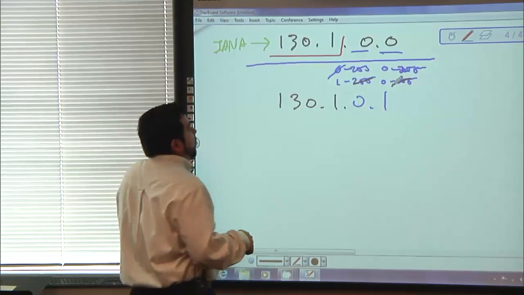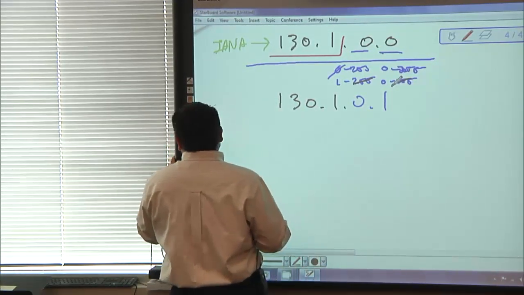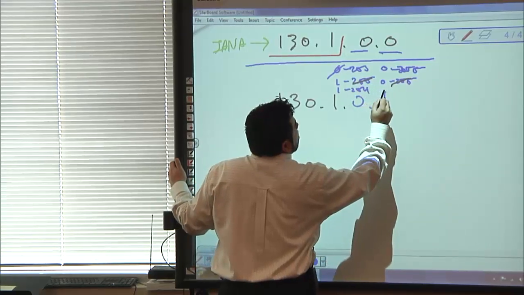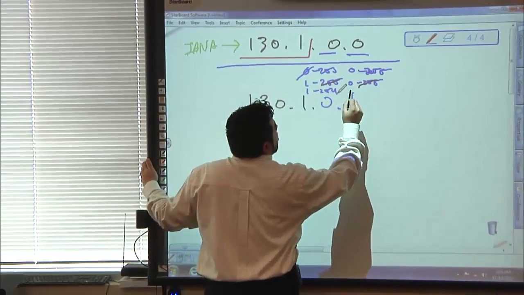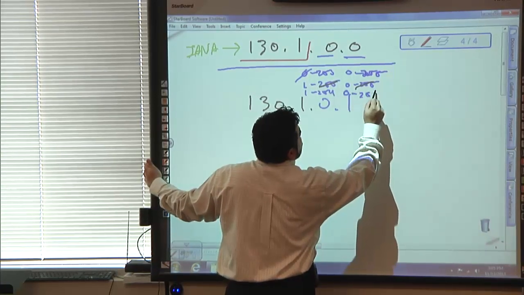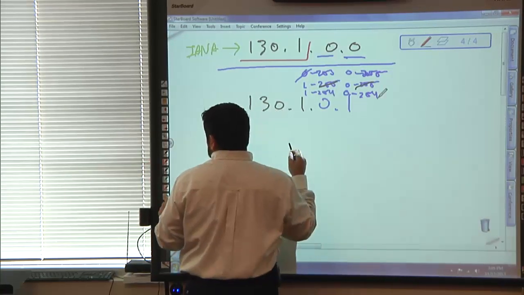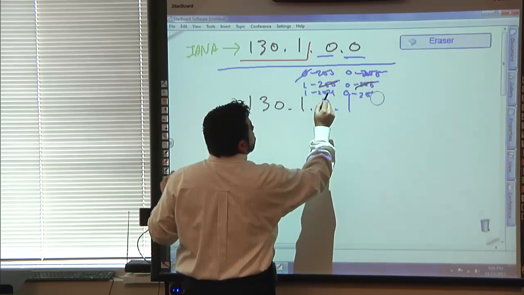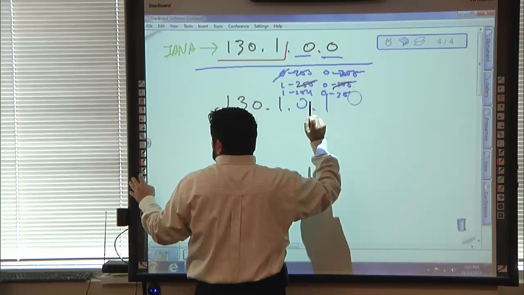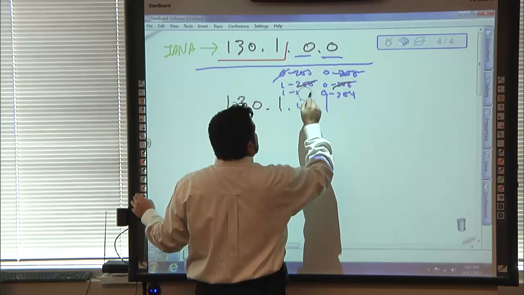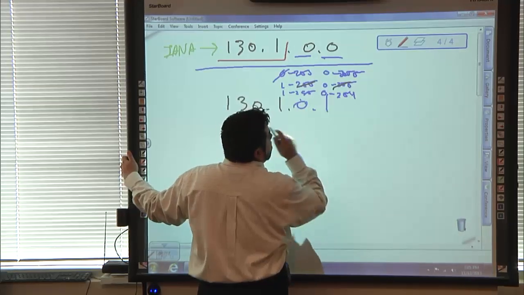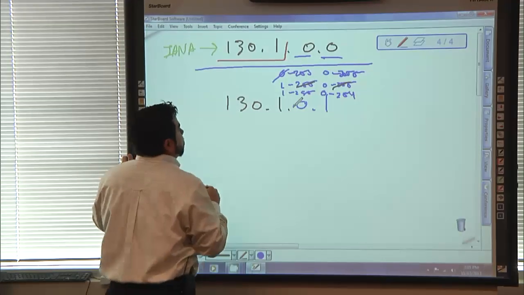So now this became a range of 0.1 through 255.254. It's kind of hard because you can use 255.0 and 255.1 and 255.2. You just can't use 255.255.